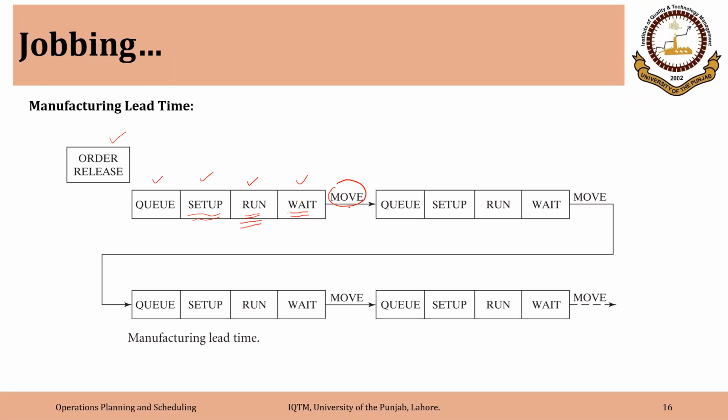And moving or move time is actually required to move the product or transport the product from one workstation to the next. And then that sequence repeats. So we are having a queue, setup, run, wait, move, and so on. And these two are the operation related times. So the time required to set up the machine and time required to perform the operation, and the rest are not operation time. So they are called inter-operation or inter-operational times.